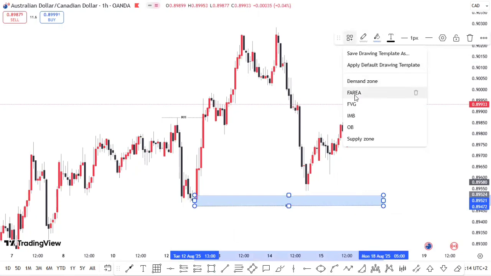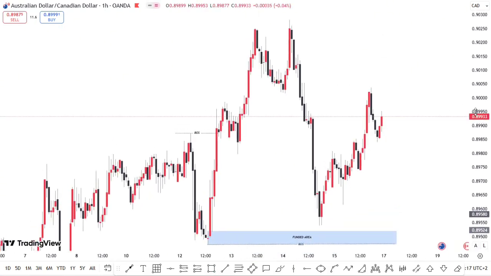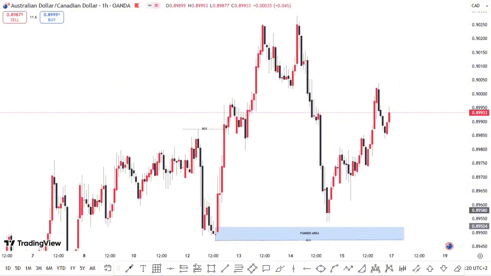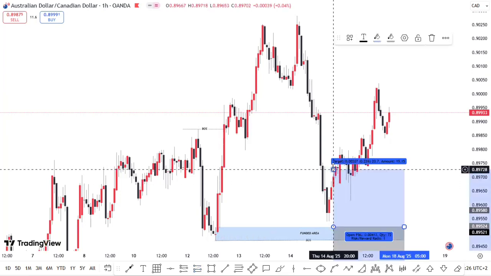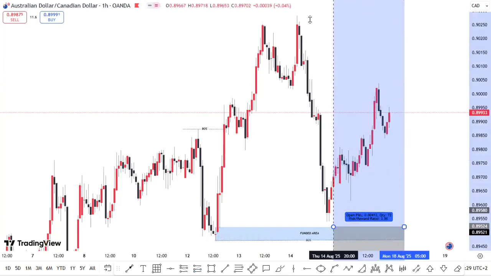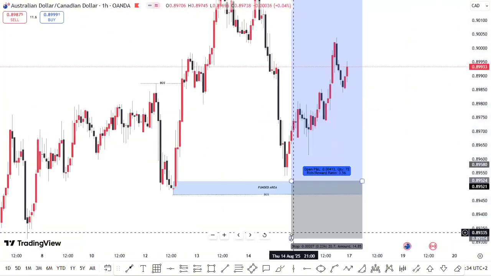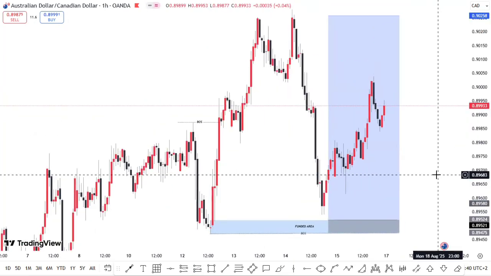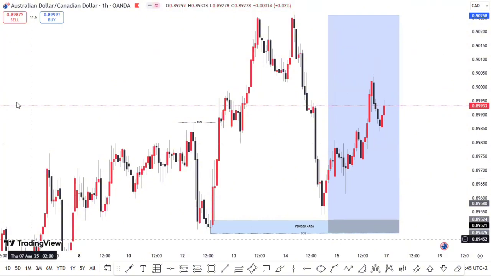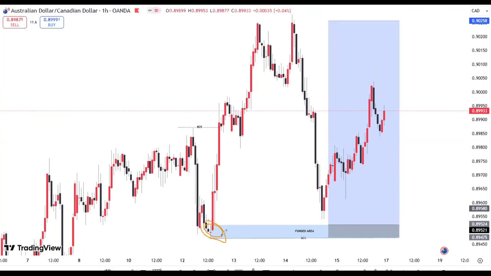Okay, let's find that area. So here market, guys, made a massive impulse here, but failed to retest it, the 90% rule, guys.